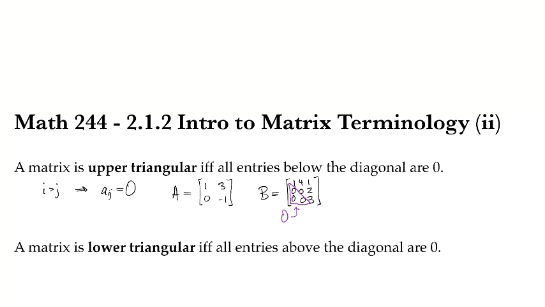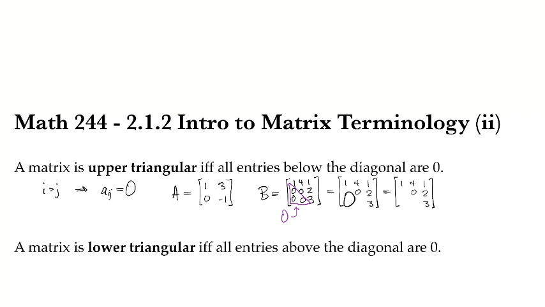In some books they'll write this as 1, 4, 1, 0, 2, 3 with just a big 0 right here. Usually I will write it with just a big blank spot, and if there's a big blank spot there, then you know that all the other entries are equal to 0.